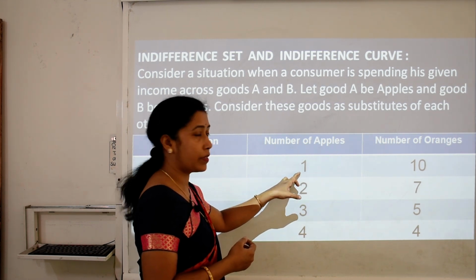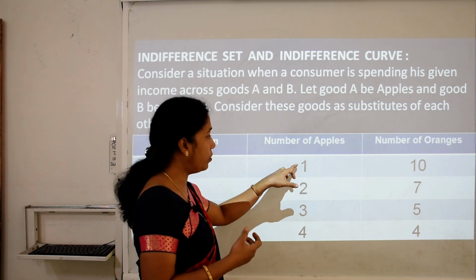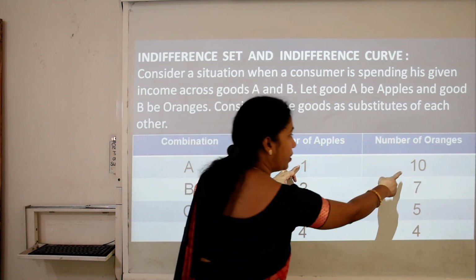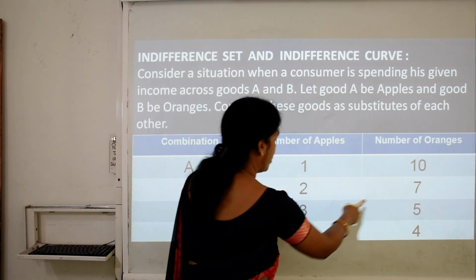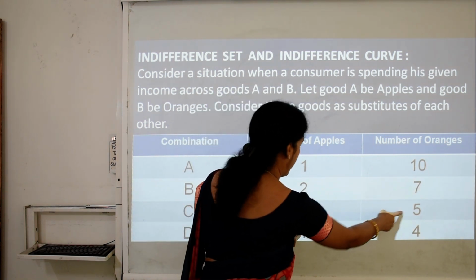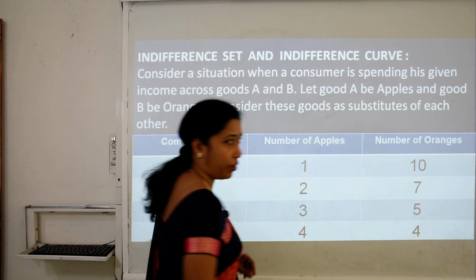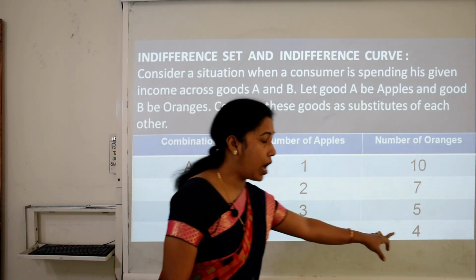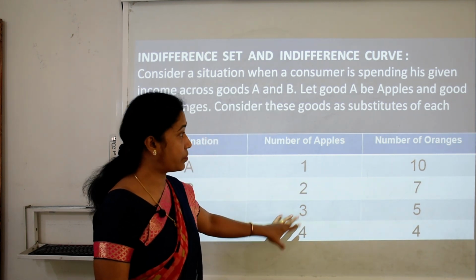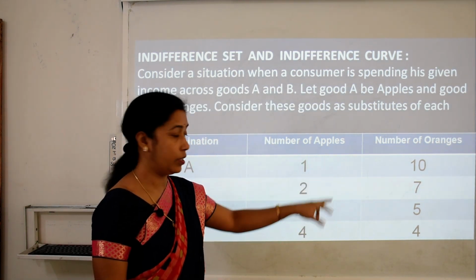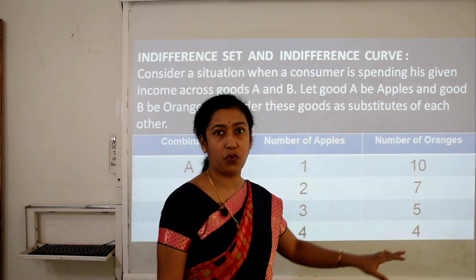He spent his income on purchasing 1 apple for 10 oranges. Then he purchased 2 apples and 7 oranges, 3 apples and 5 oranges, 4 apples and 4 oranges.